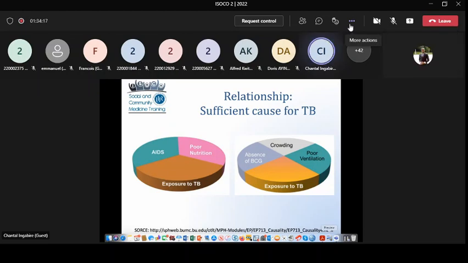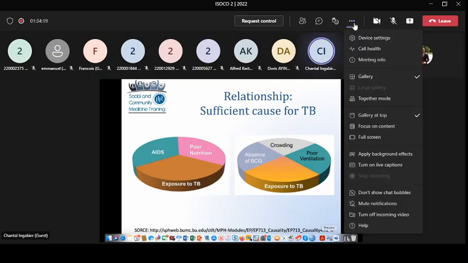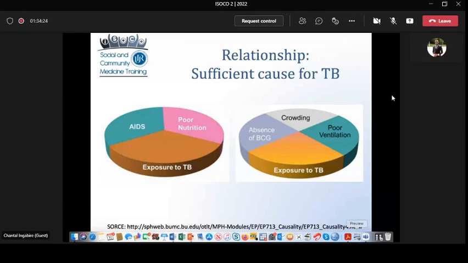So here we are talking about the relationship. We are trying to understand what kind of sufficient causes might explain why people are being exposed and also having the outcome as a disease, and why other people might be exposed but not presenting the disease.